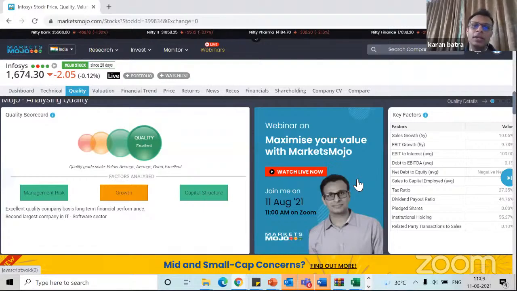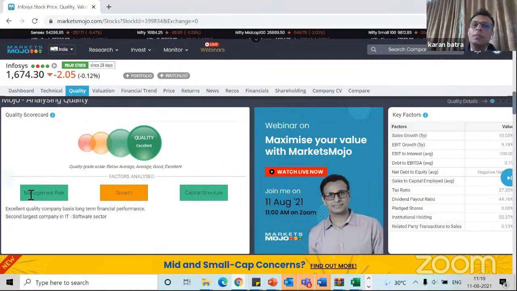Quality has 3 broad parameters. First is growth, which is the long-term consistent growth. Again, consistent is the key word, over top line, bottom line, operating profits. Capital structure is the debt levels of the company, the debt serviceability ratios of the company. And management risk is the most important factor in quality.